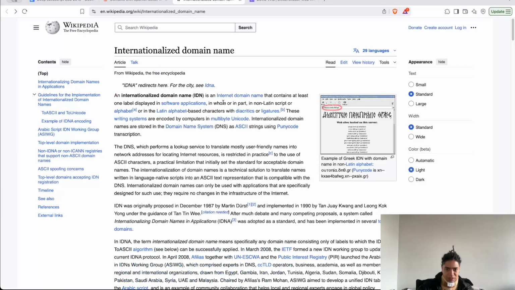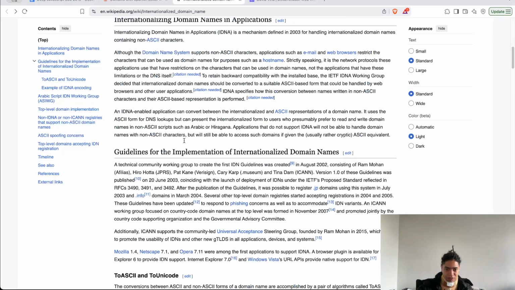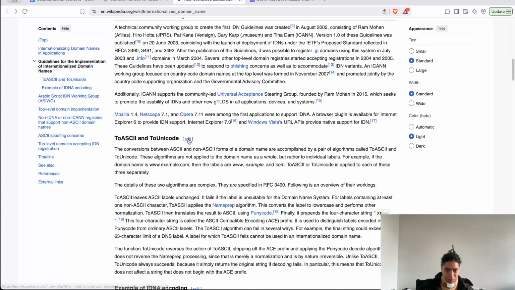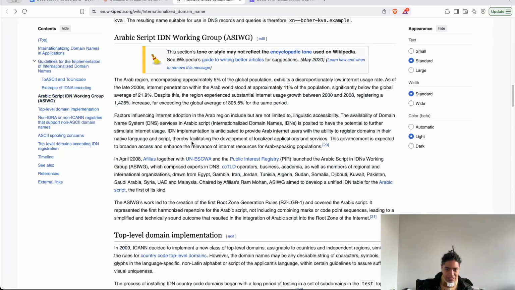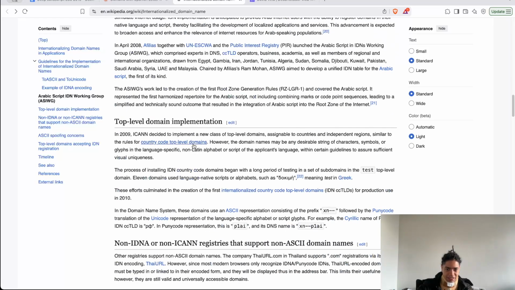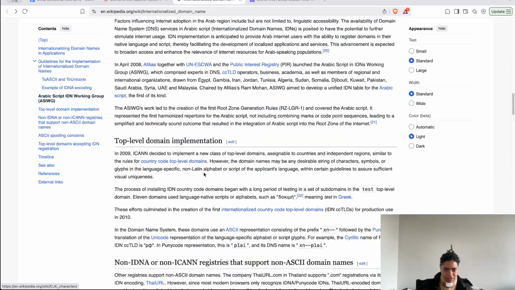International domain names are not popular, because what is popular is the ASCII set, the English alphabet. Of course, if you go to Japanese or Chinese domains, you're going to see that.